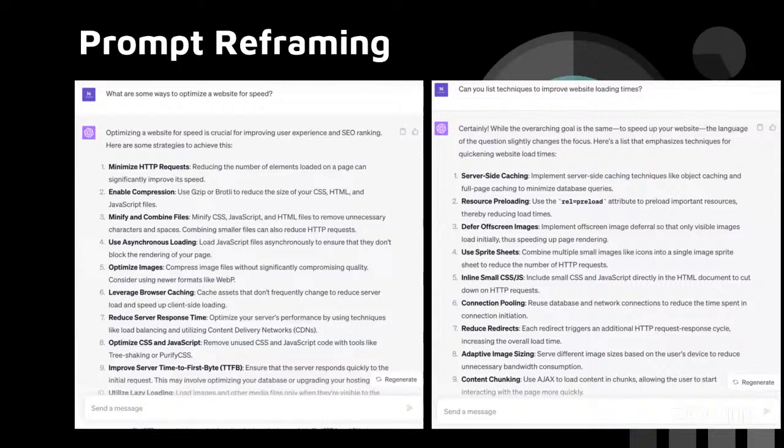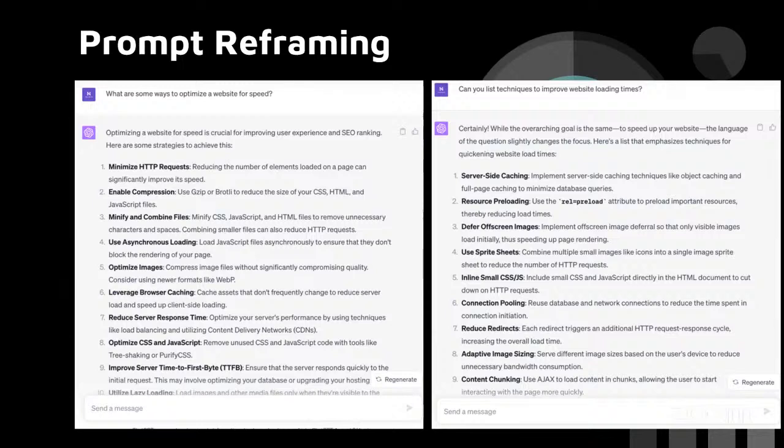Over here, for the example, if I talk about prompt reframing, what are some ways to optimize a website for speed? You can see it giving us different ways for optimizing our website for speed. So optimizing a website for speed is crucial for improving user experience and SEO ranking. So here are some strategies to achieve this.